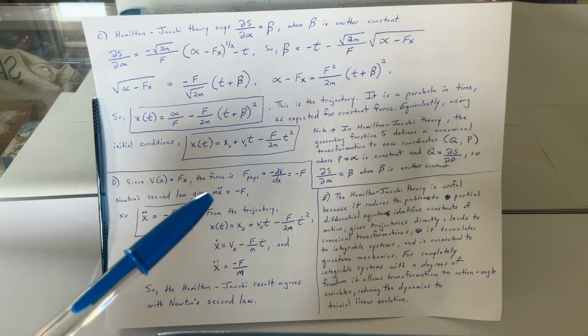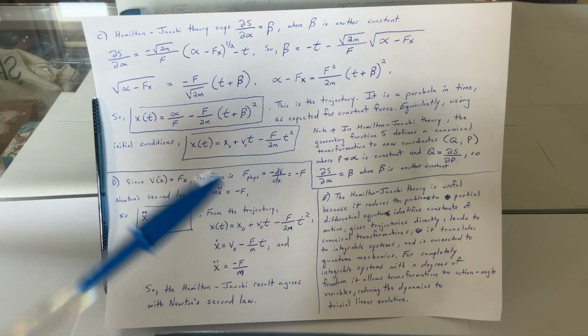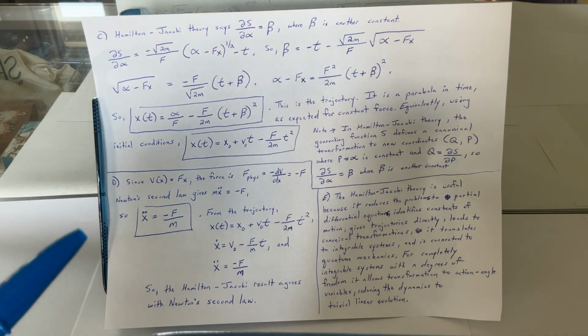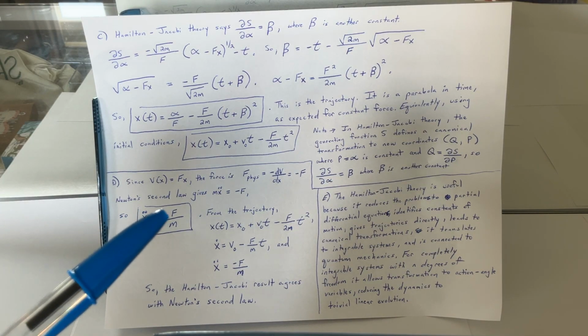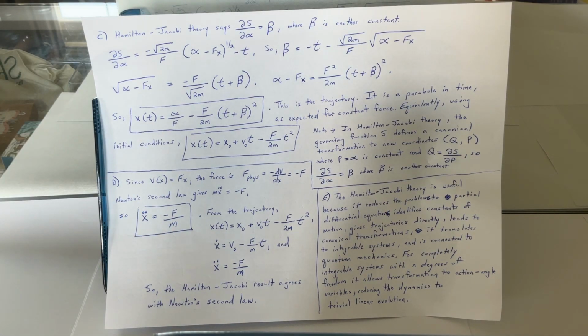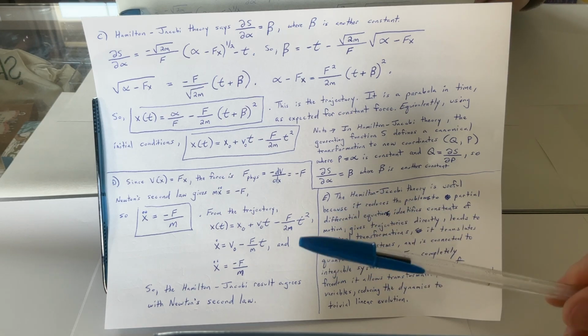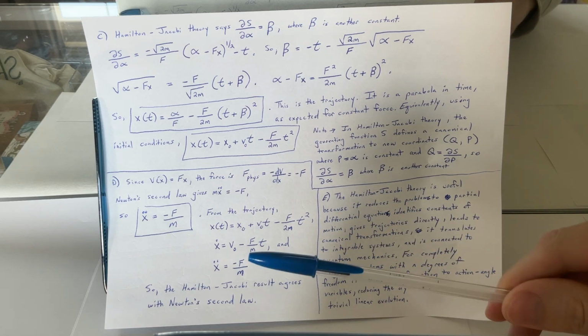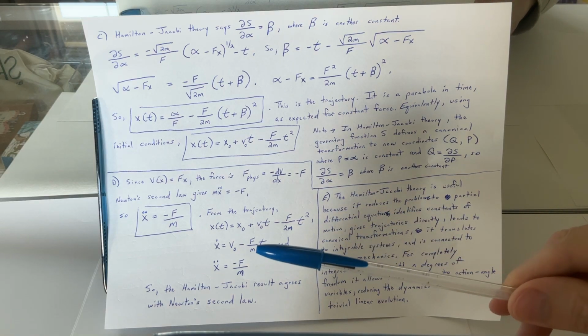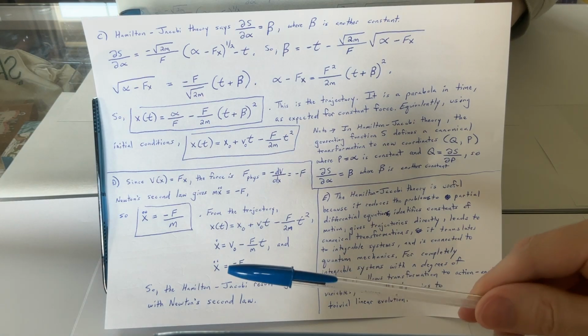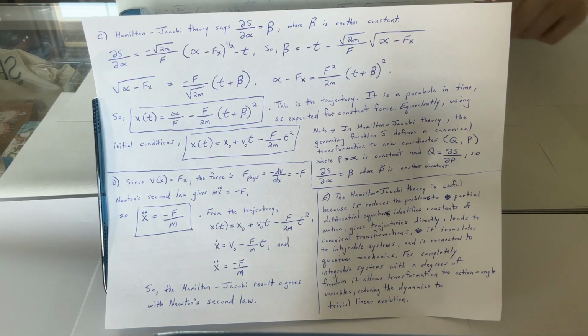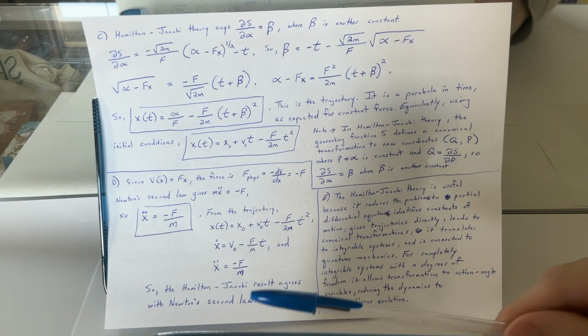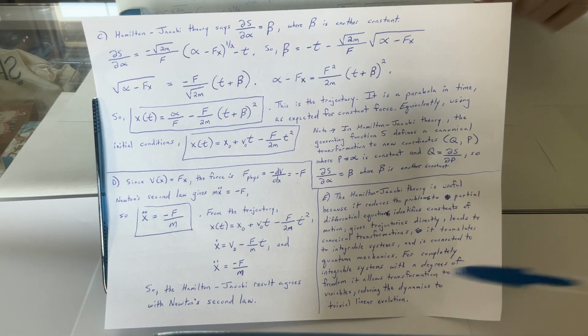Newton's second law gives m ẍ = −F, so ẍ = −F/m. From the trajectory, x(t) = x₀ + v₀t − (F/2m)t², ẋ = v₀ − (F/m)t, and ẍ = −F/m. So the Hamilton-Jacobi result agrees with Newton's second law.